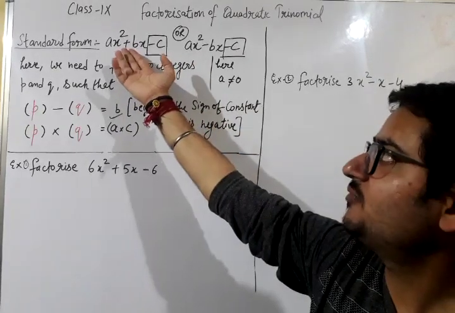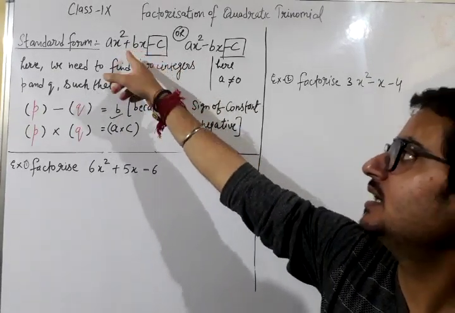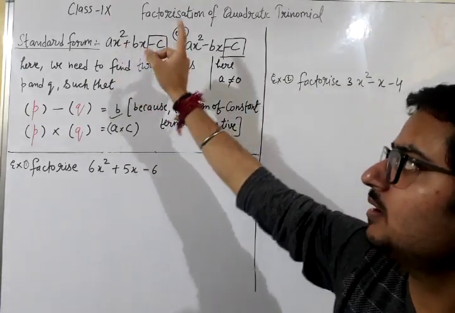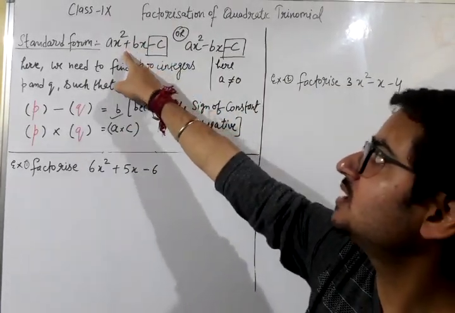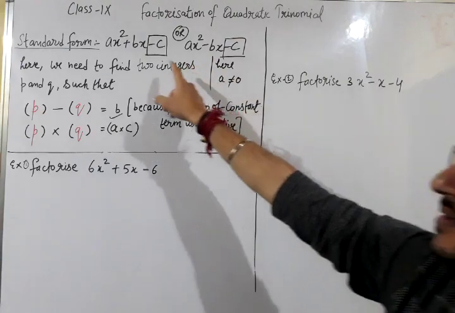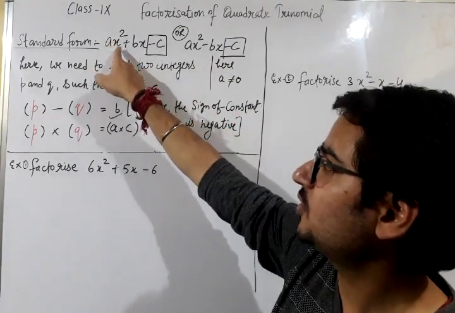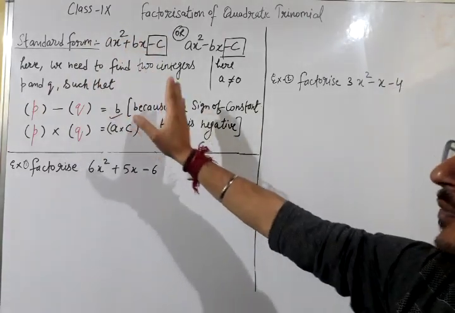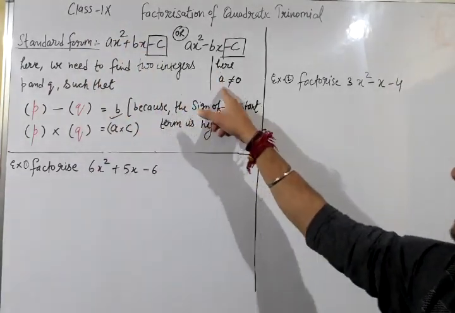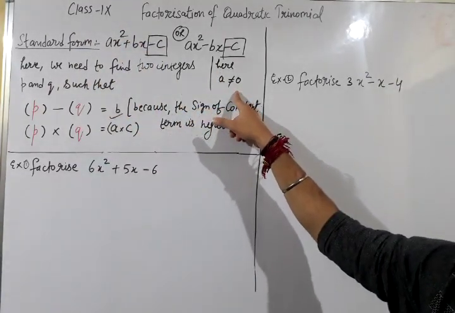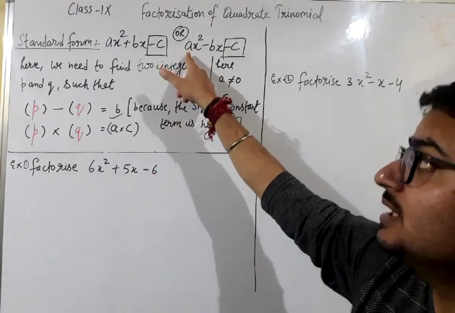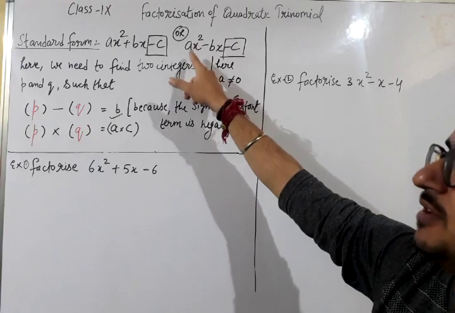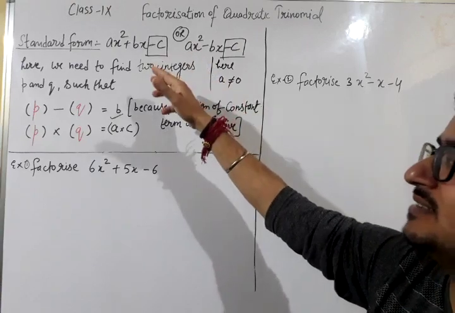In this standard form of quadratic trinomial, whether we are studying the first kind or second kind, in both the quadratic trinomials, the coefficient of x square, that is a, cannot be equal to 0. The reason is that if a is equal to 0, then 0 multiplied by x square will become 0, and what is left?